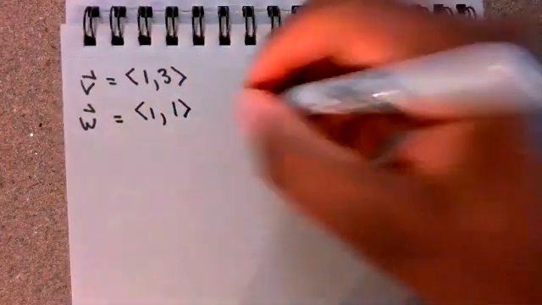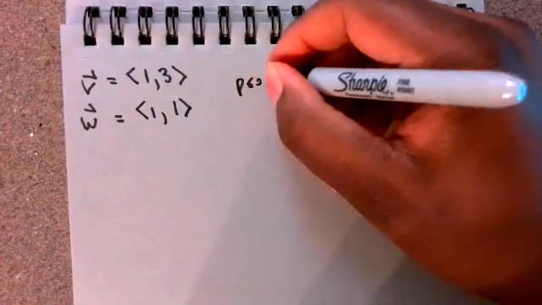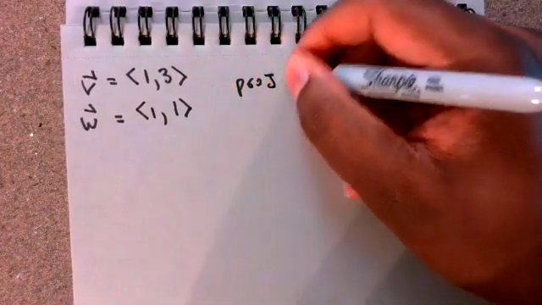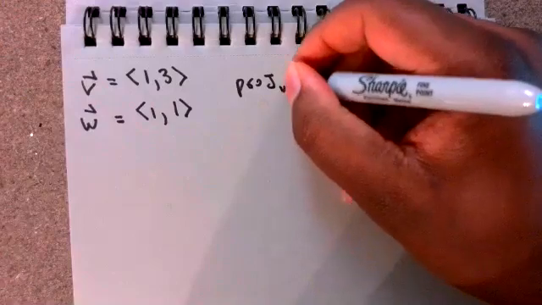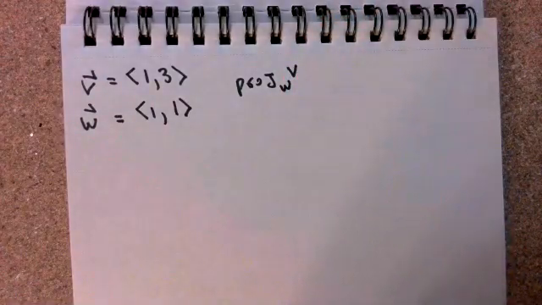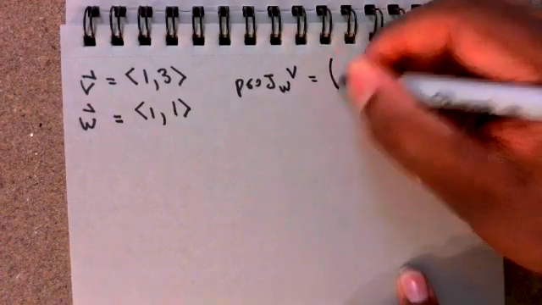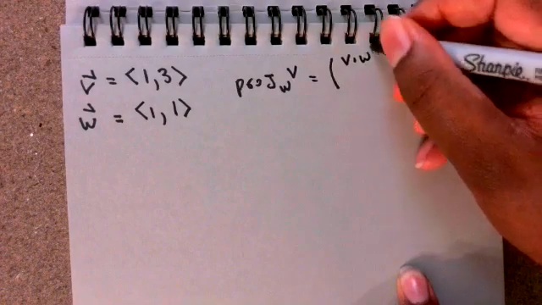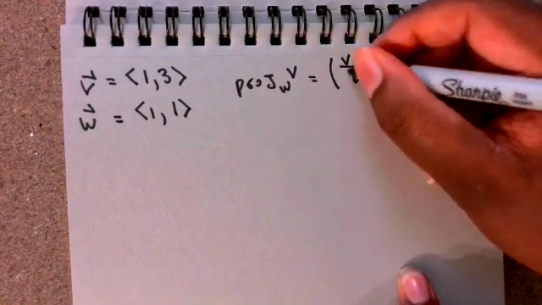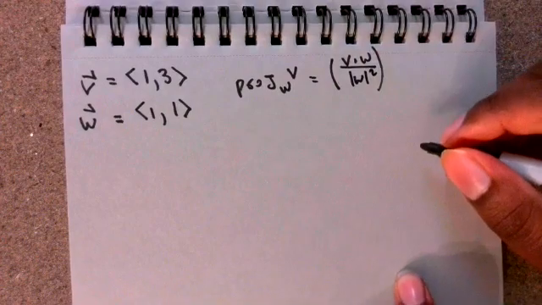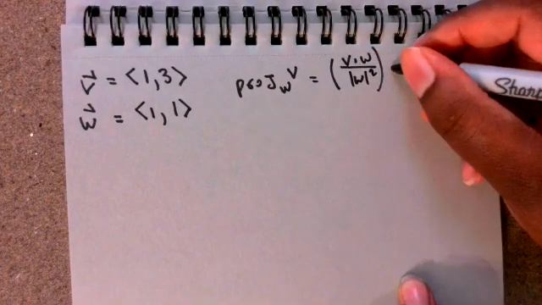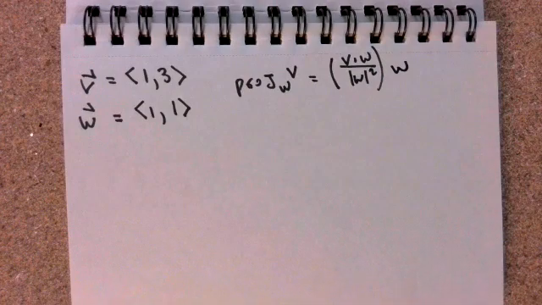And we are asked to find the projection of v onto w. Since this is the case, we're just going to do the dot product of v and w on the top over the magnitude of w squared times w. Then we're asked to write v as the sum of two orthogonal vectors.